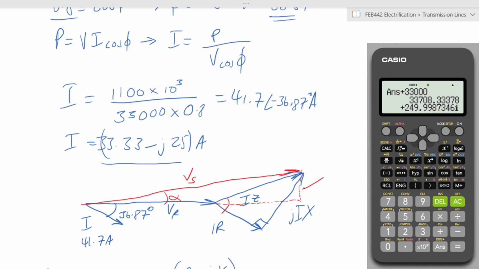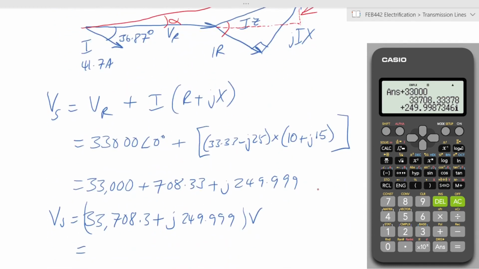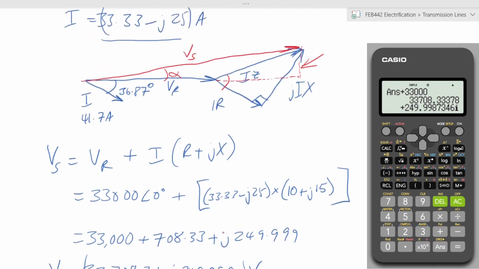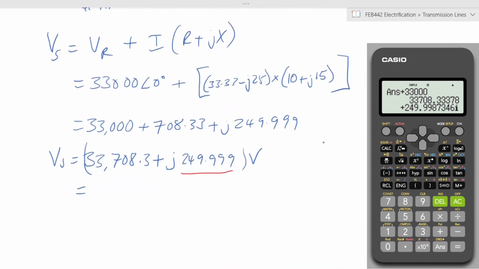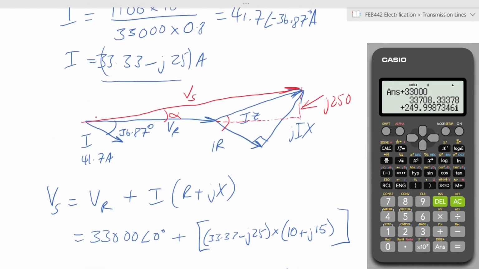Yeah, so for the VS only, this component, roughly 250, is the complex one. So it is J250. It is the vertical one there. And then this component, 33,708, is the total that you have all the way along here up to there, right? So that is 33,708, okay? And when you square both of those, you get VS, yeah?